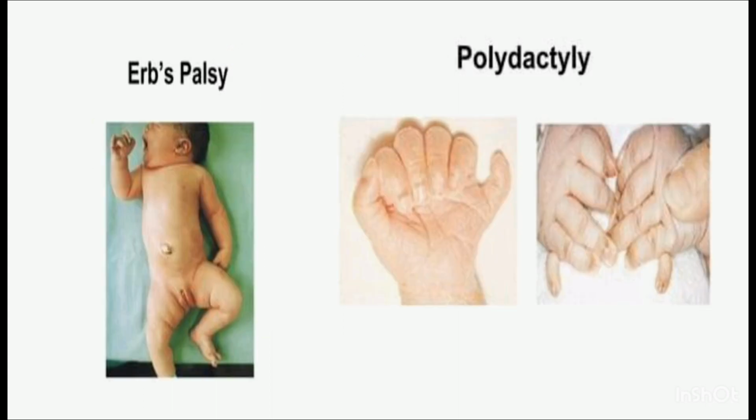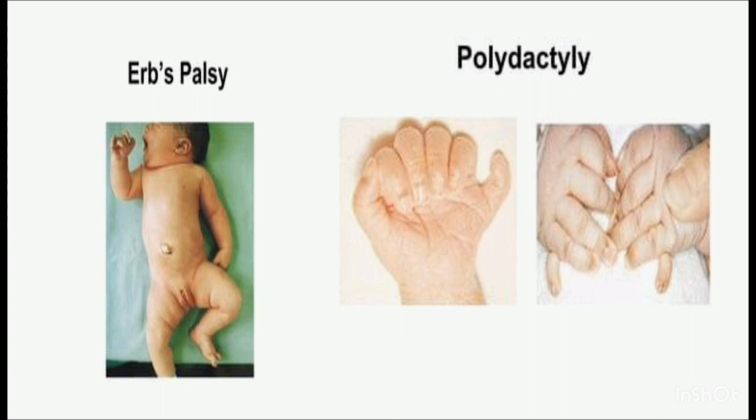In musculoskeletal examination, we have to examine for fractures, dislocations, polydactyly, syndactyly, and deformities. Here you can see a picture of Erb's palsy, which results from injury to nerve roots C5, C6, and C7.